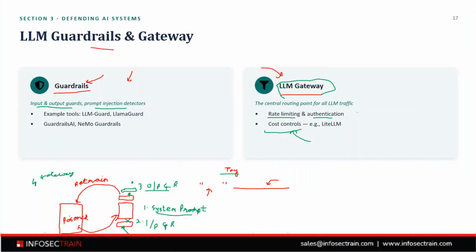Whatever conversation they're having, I will be able to see via the gateway. And I will apply some rate limiting and cost budgeting in the gateway as well.